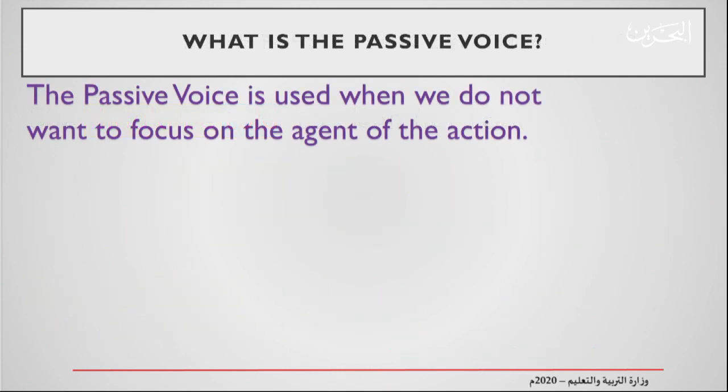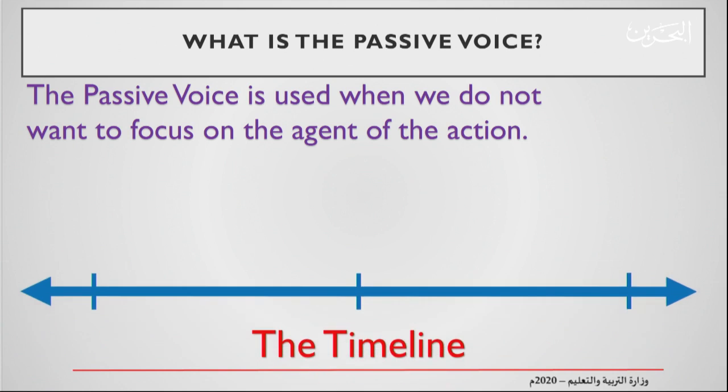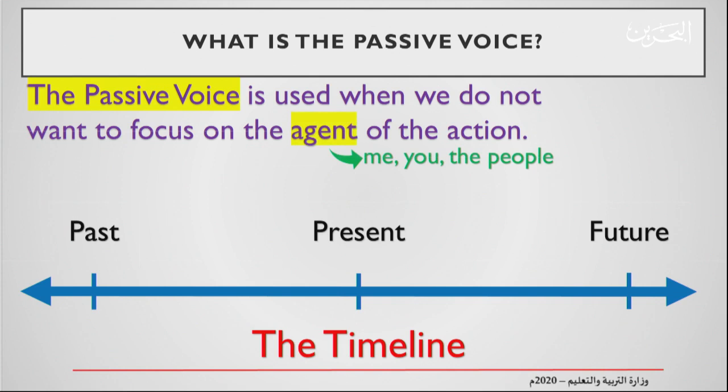I'm going to explain it a bit more. The passive voice is used when we do not want to focus on the agent of the action. I will pull up the timeline, where the present is in the middle, the past and the future. Okay? So, the passive voice is used when we do not want to focus on the agent.